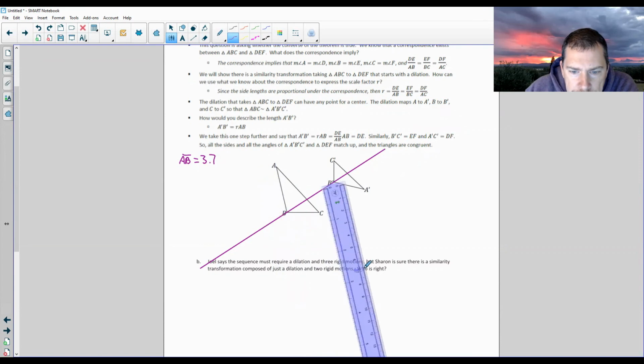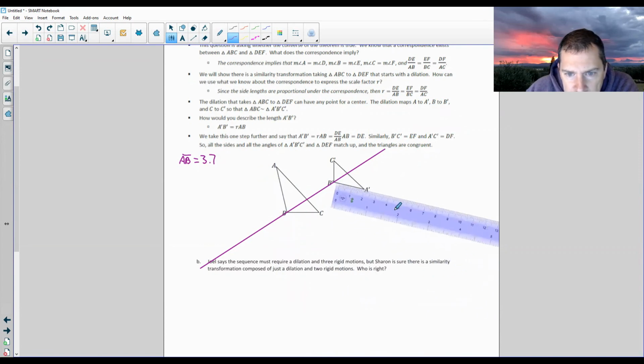So A prime B prime is going to be a proportional length. It's going to be shorter, and we need to find the proportion R, which is the side over the side. So if I line this up and measure A prime B prime, it looks to be 2.4 or 2.5. So A prime B prime equals, let's call that 2.5.